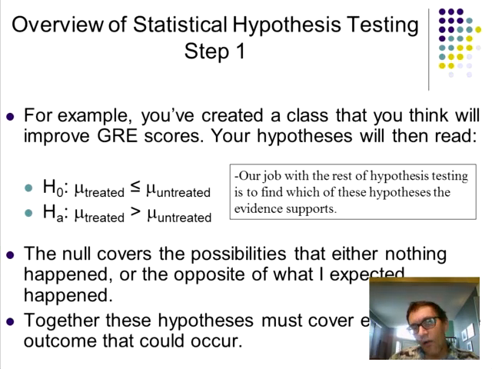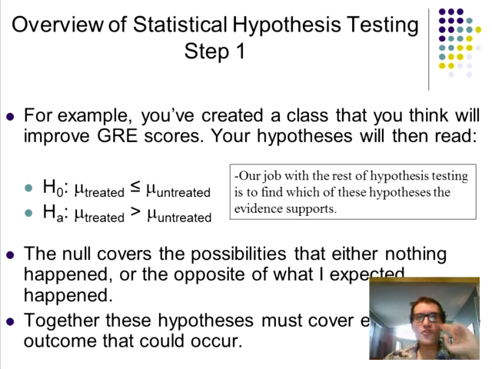Now, the null hypothesis is a little counterintuitive, but remember, these two hypotheses must incorporate every possible outcome that could occur. Okay? And so the null hypothesis literally says either the mu treated is exactly the same as the untreated, in other words, if I give people an SAT class, it does not change their scores at all, or taking the class makes them worse.